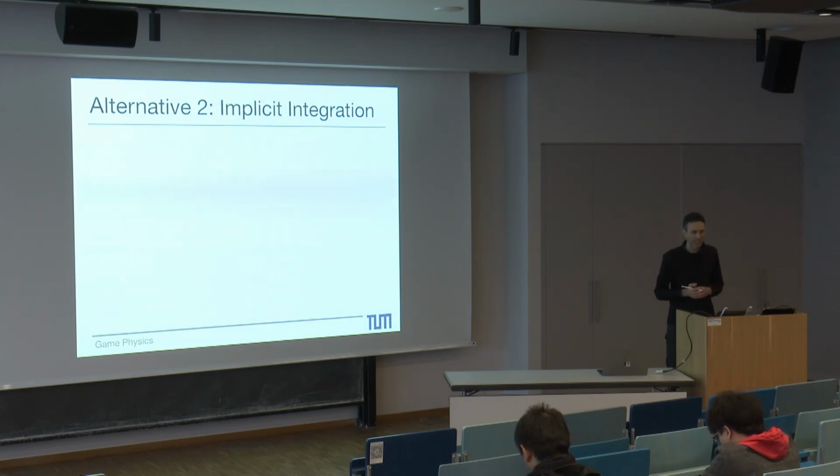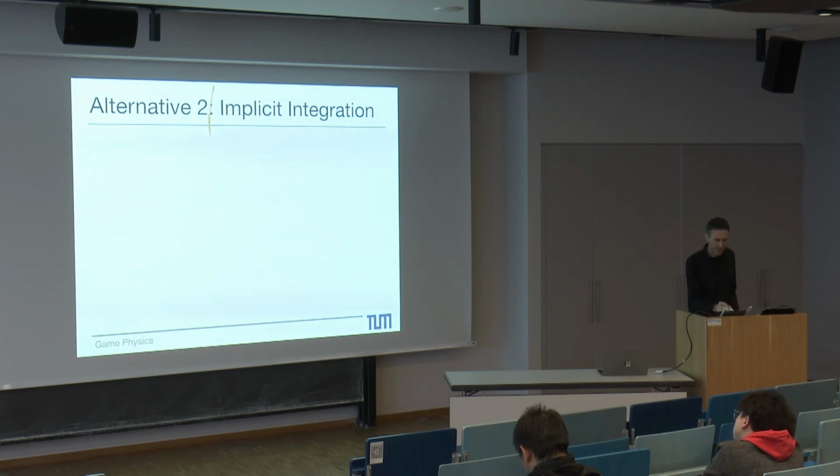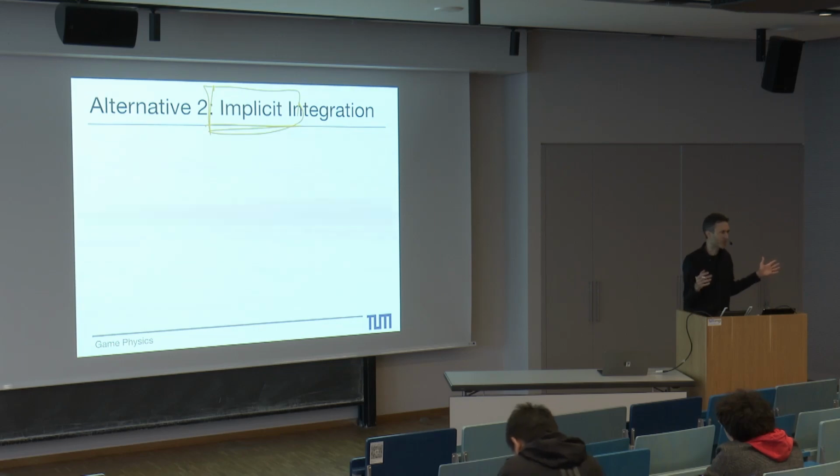Another one is so-called implicit integration, which is also an important keyword to mention. And so up here now, the implicit is the important term, because what we've looked at so far is what we would call explicit. So we're having some state, typically at this nth step, we want to get to n+1. There might be even a bit of history, but we're just taking these and moving forward.